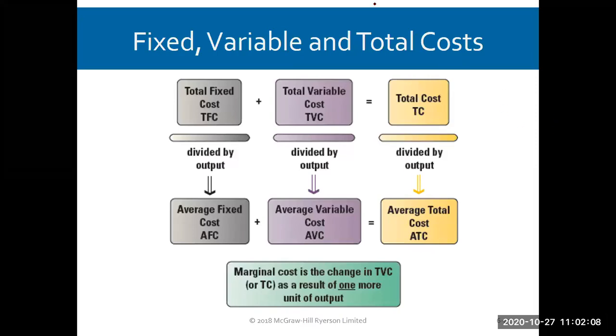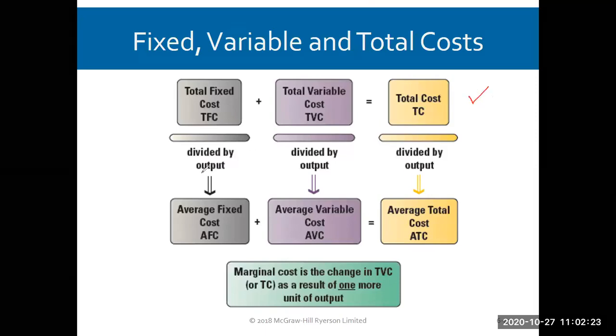So this is where we were last time. This is from our previous slides, where we see on the top, we've got total fixed cost, total variable cost, and those sum to give total cost. That should make good sense. Now, if we divide each one of these by output or quantity or total product, just the number of things produced, then we're going to get averages of some sort.